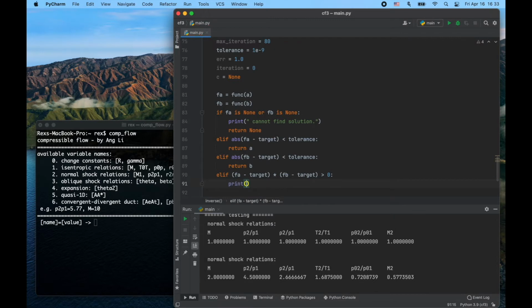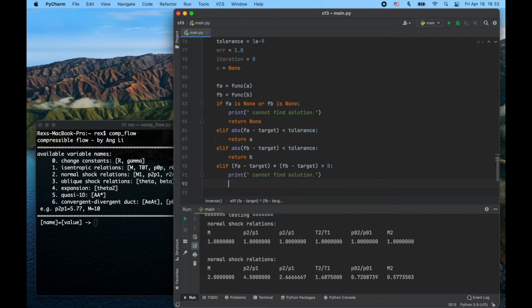So print cannot find solution. Return None.